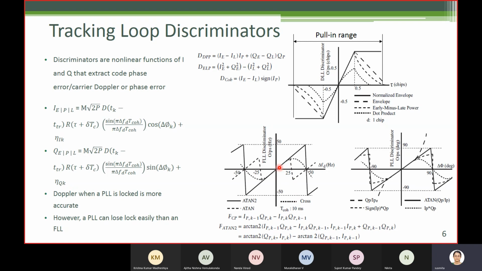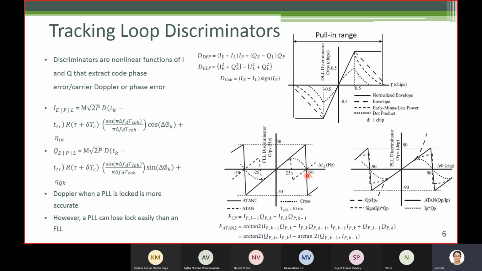And it is expected that by then the error has come in this region, so it should not affect. Okay. So here we see that the pulling range for 10 millisecond coherent integration time is about plus minus 25 Hz or plus minus 50 Hz, depending on what discriminator you consider.